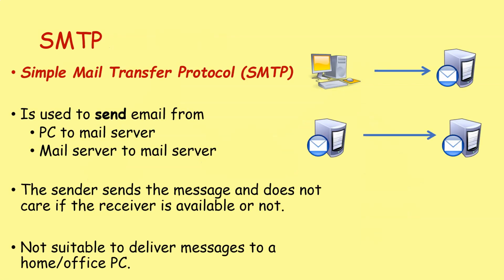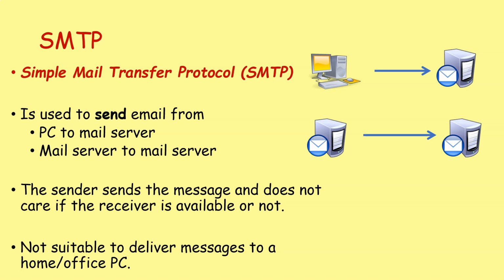The first protocol we're going to look at is SMTP, Simple Mail Transfer Protocol. This is used to send email from a PC to a mail server and from mail server to mail server. When it is used, the sender sends the message and does not care if the receiver is available or not. It just pushes it out there and hopes that the receiving computer is online and ready to receive the message.